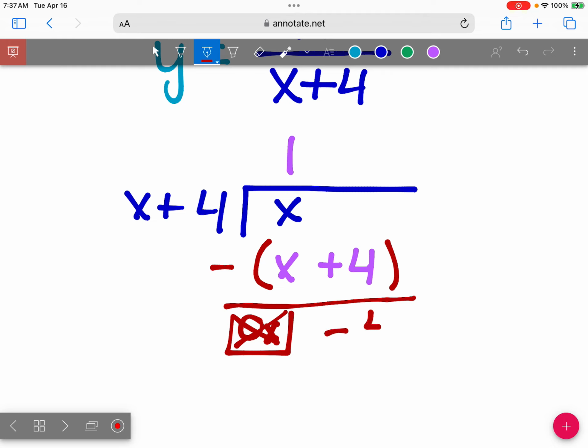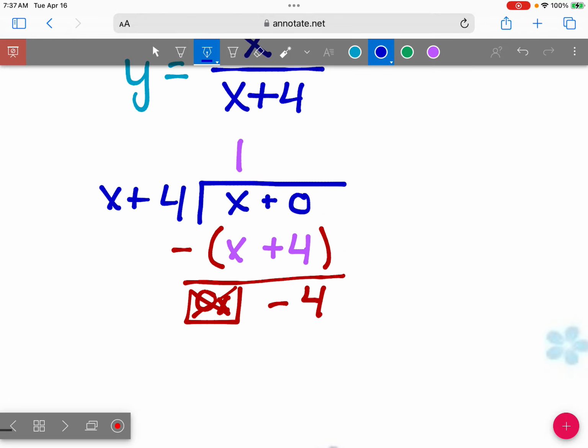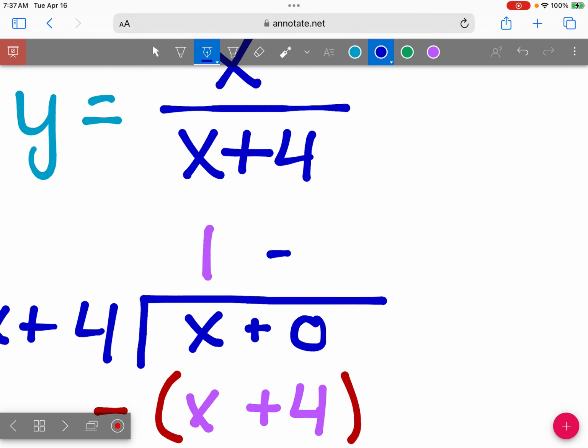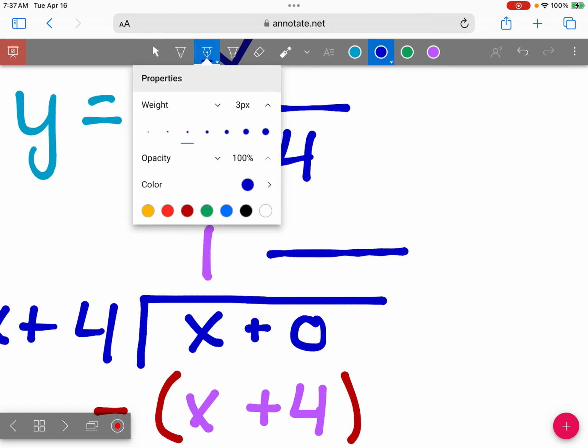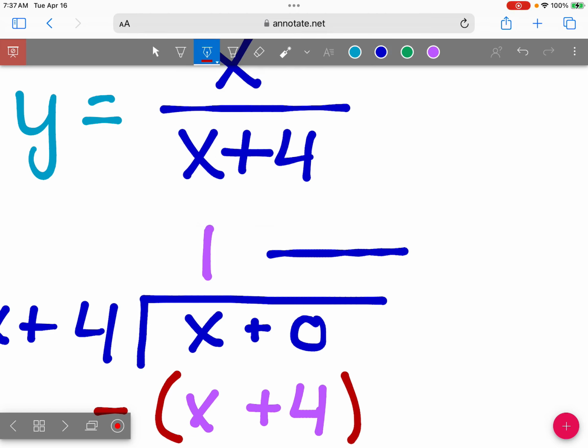Negative 4. Good. That's the same thing as having plus 0. So if it helps, put in that plus 0. You can always add 0. It doesn't change anything. Totally fine. So again, I'm going to write this into my remainder form up here, where I have my negative 4 up here and my x plus 4 underneath.